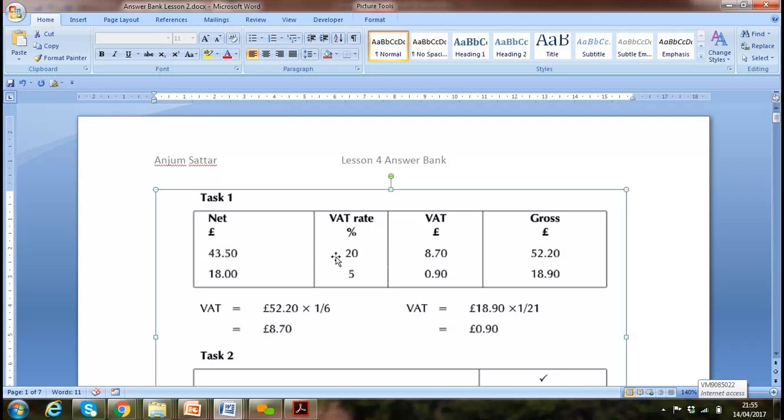You calculate 20% VAT, which is 8 pounds 50, and the total gross becomes 52 pounds 50. Then for items at 5% VAT, you calculate 5%. We have a few things in the UK, like some food items, where VAT is 5%. If we use a home phone in our house, or for some gas and electricity bills, we have 5% VAT.